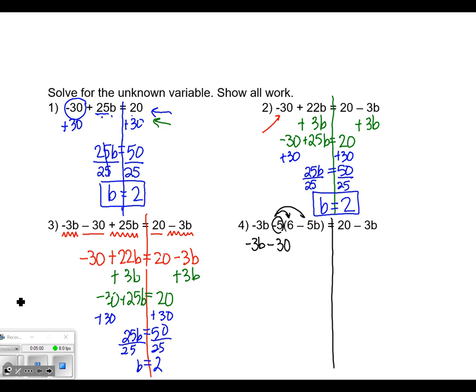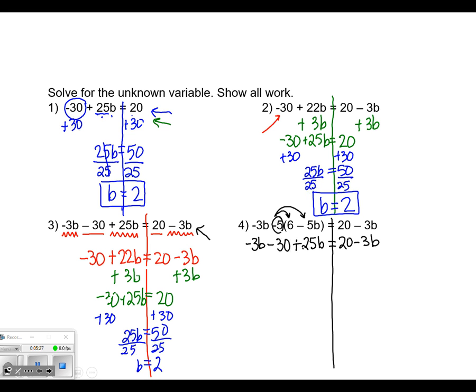And negative 5 times negative 5b. A negative times a negative is positive, and 5 times 5 is 25, and then I have that b there as well. Equals 20 minus 3b. This is starting to look like a pattern.